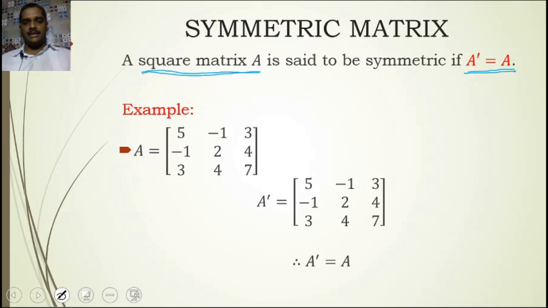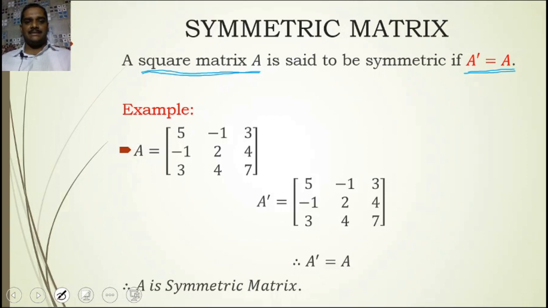So here we get A transpose equals A. So this matrix A is nothing but a symmetric matrix. So if you have to check whether a matrix is symmetric, you have to take its transpose, and if its transpose equals itself, the matrix is symmetric.